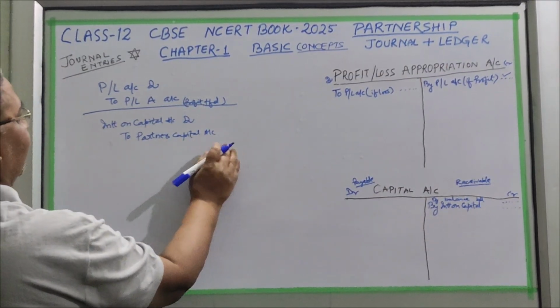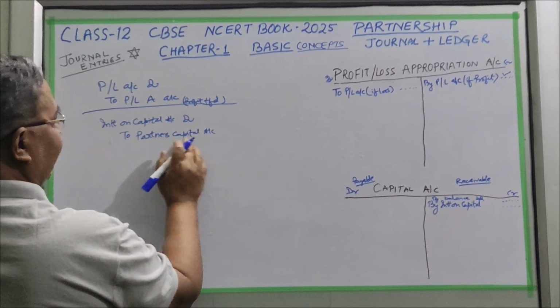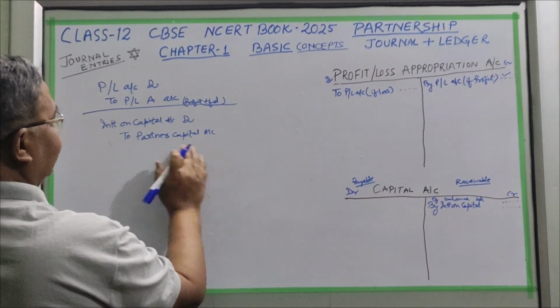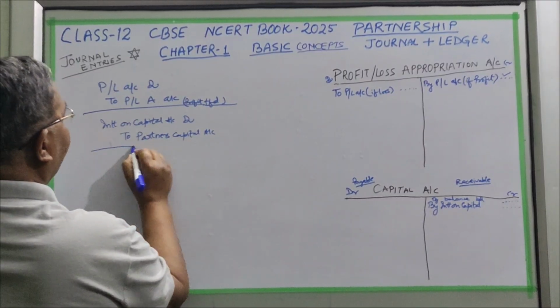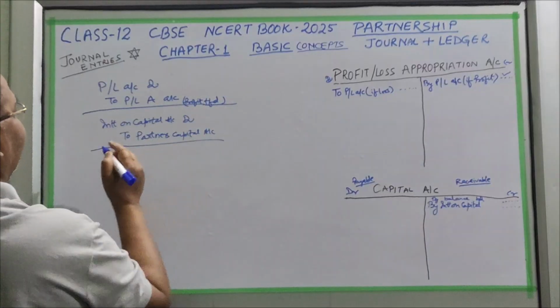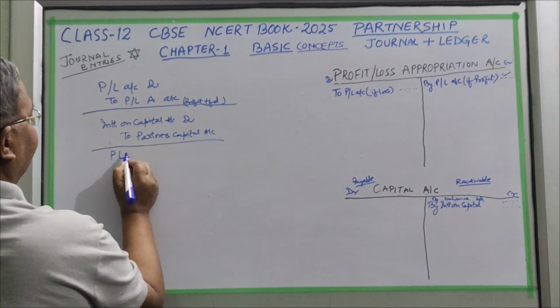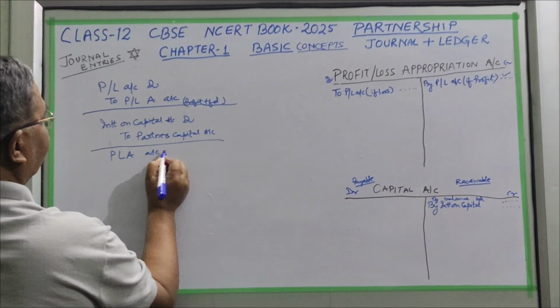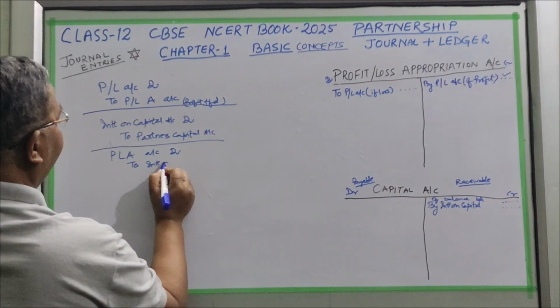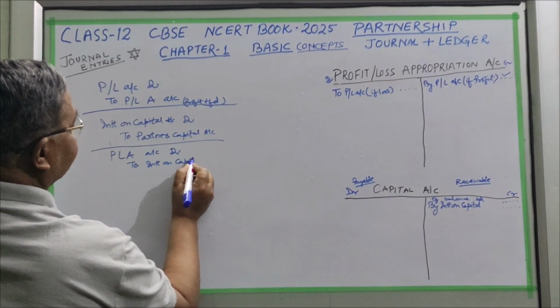There may be more than one partner, X's capital, Y's capital, A's capital, B's capital, C's capital. In this way it can be more. Then this interest on capital account is transferred to PLA account. So what we do? PLA account debit to interest on capital account.